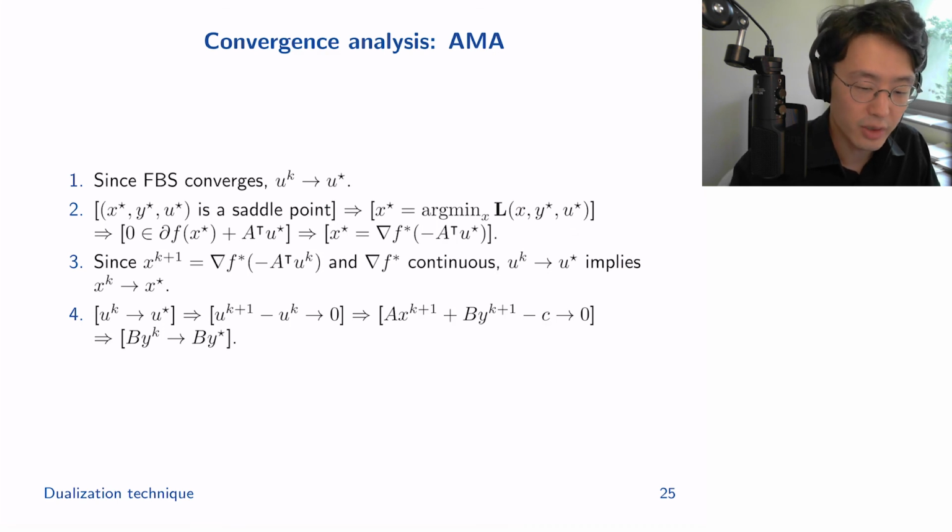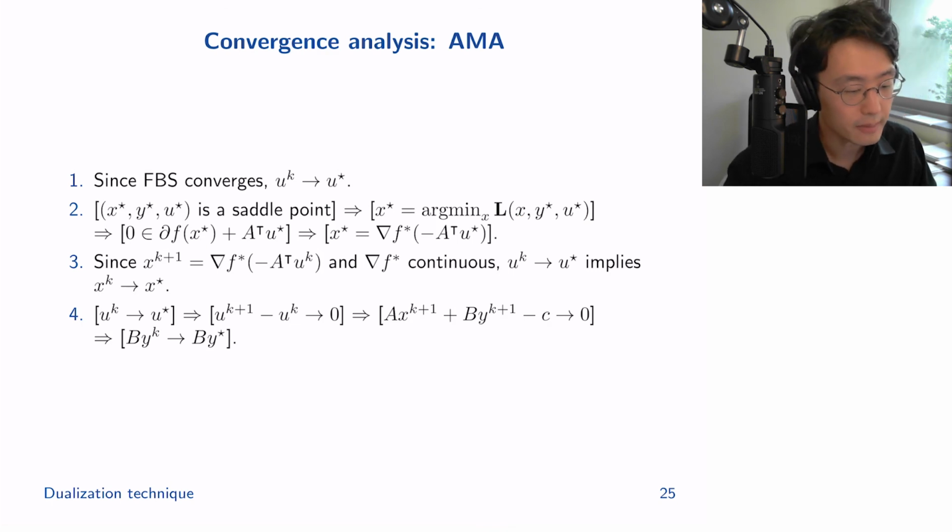The optimality condition of this x star means that 0 is in the subdifferential of f at x star plus A transpose u star. We get this inclusion simply by taking the subgradient of L with respect to x and plugging in x star into that expression.